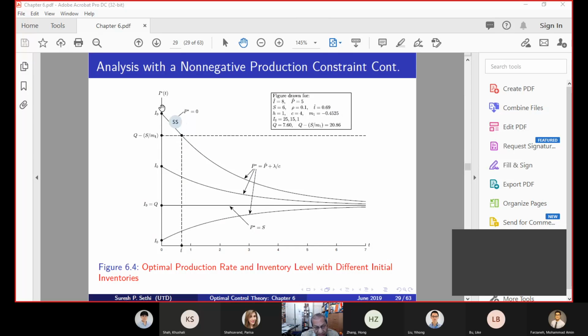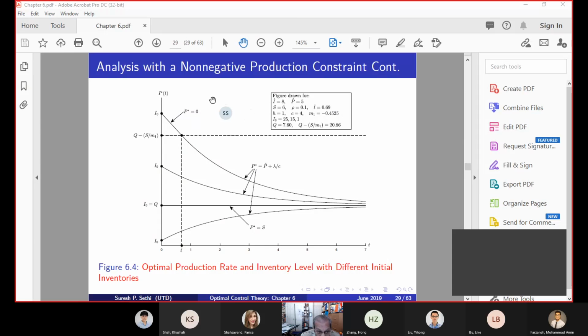That is a straight line. By the way, this picture was redrawn in edition 3 because we did not do such a good job there. This is a straight line because I dot is P minus S, and P is 0, so I dot is minus S. Minus S is a slope of S. S here is 6, so this is a slope of 6, and it goes all the way.